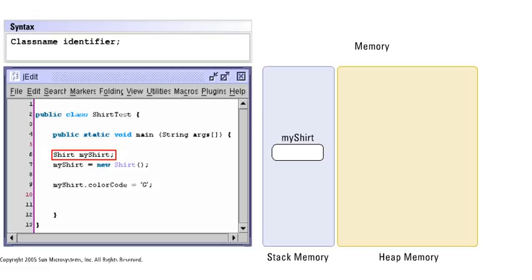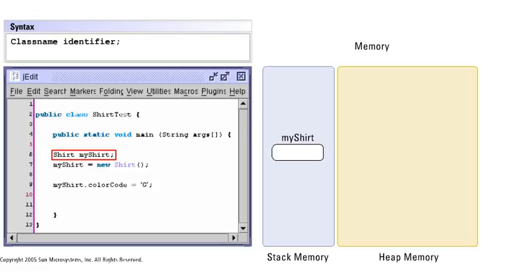What it does is it creates a reference variable that can hold at most one reference at a time to a shirt object. You see, you never have the shirt object. You only ever have a reference to a shirt object. And using that reference, we can then access an object's attributes or call its methods.